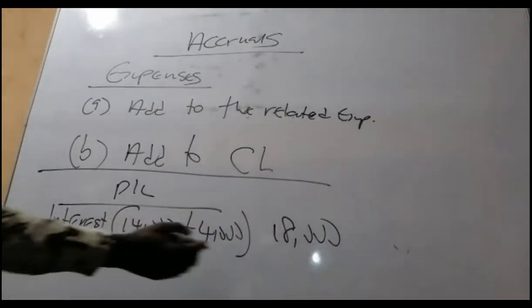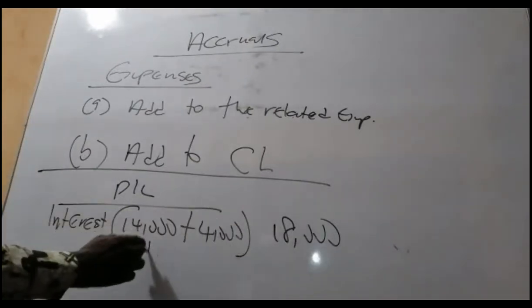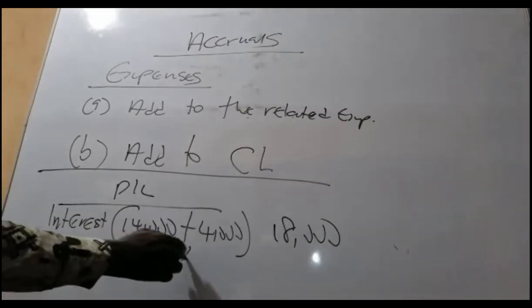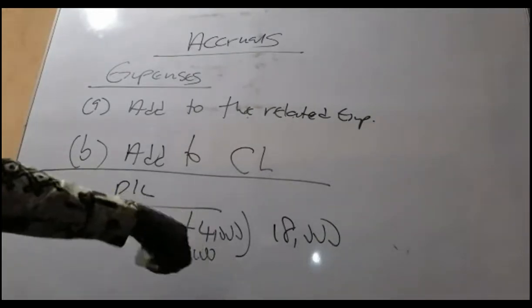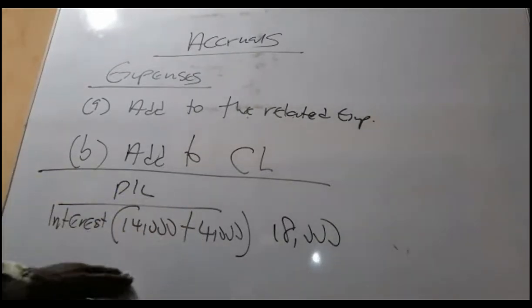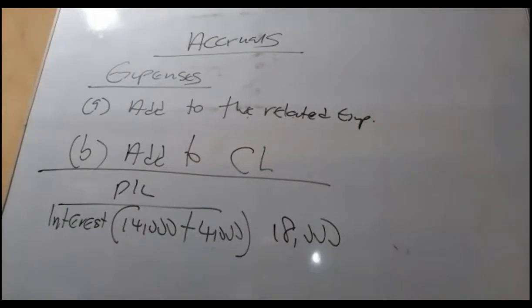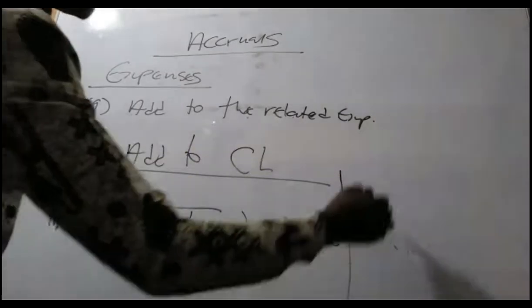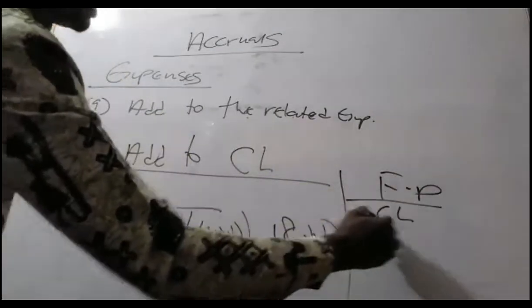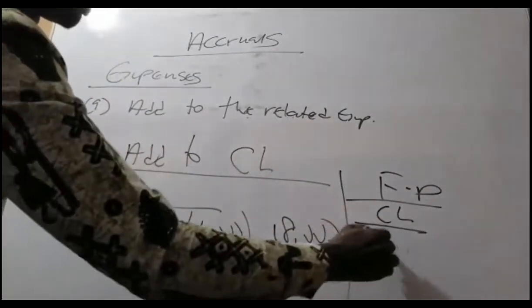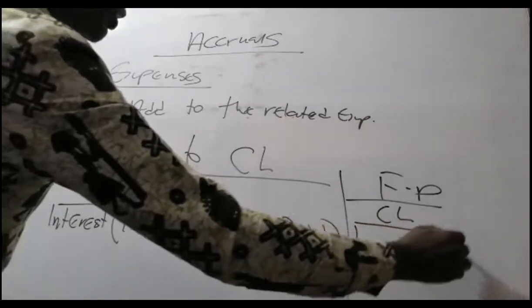Just that there's a smart way to do this calculation, the same as taking 18% times the 100. That's what we did. But indirectly, we have accrued 4,000 to it. Good. Then left with what? The financial position. For financial position, go to current liability and record interest owing and put the 4,000 there.